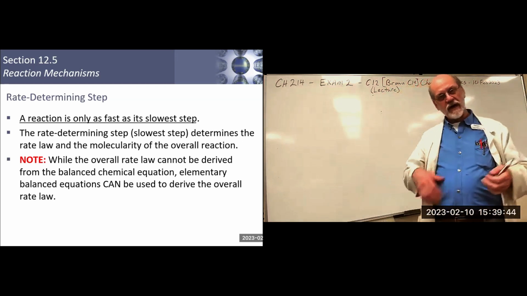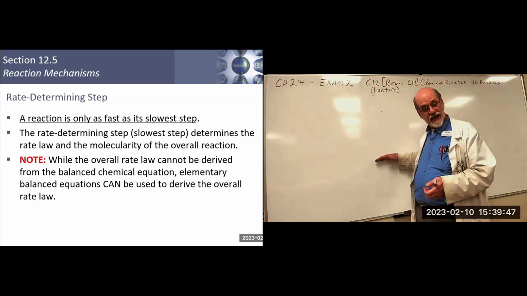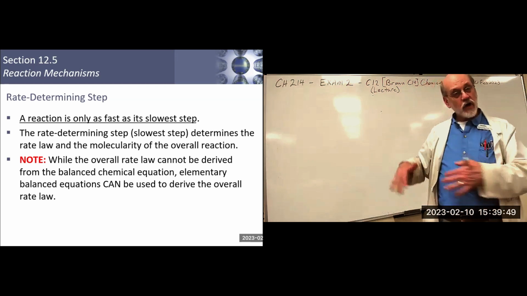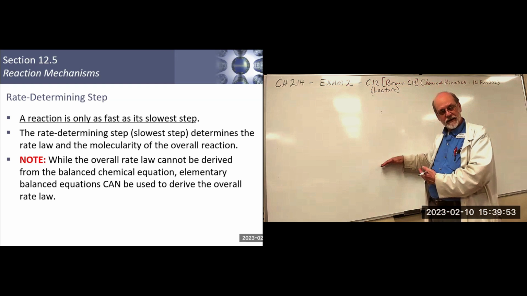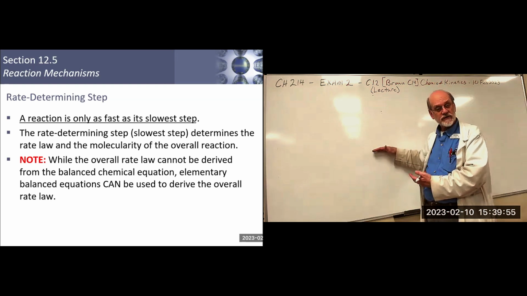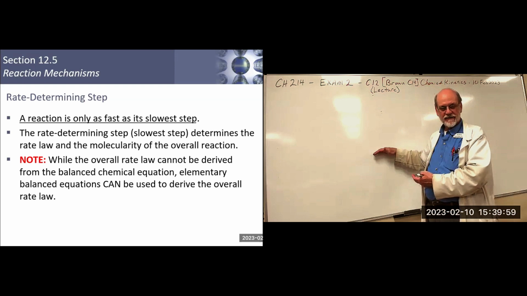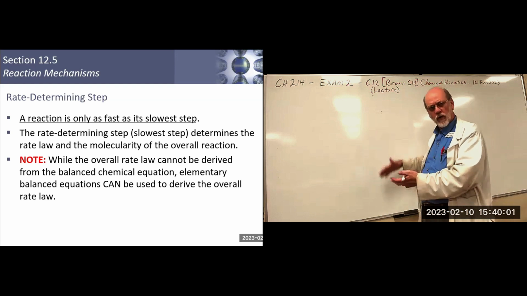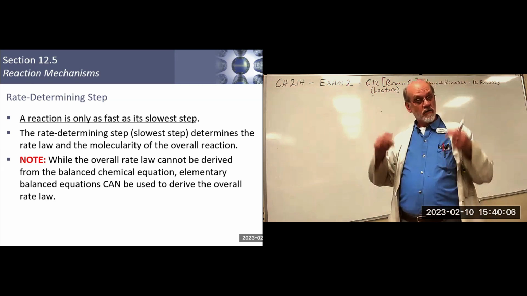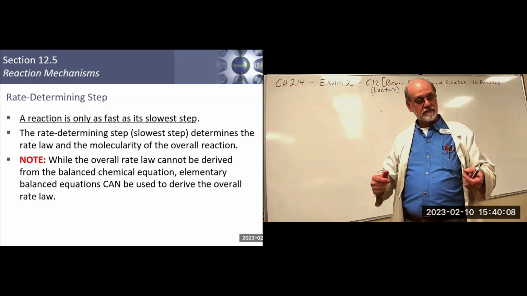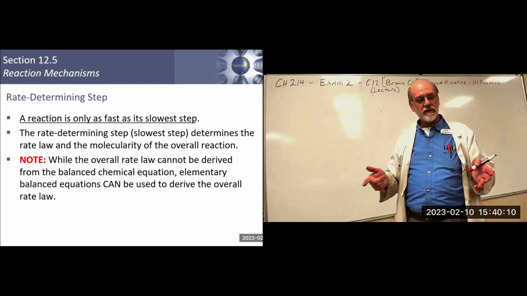So when we have two or more steps, they occur at different rates. Each one of those steps occurs at a different rate. The one that happens the slowest is the rate determining step. Now, all of those, 3 or 4 or 5 or 6, however many steps, can be happening very fast, in microseconds.